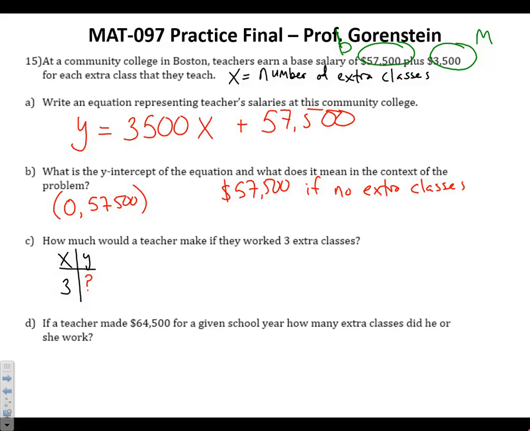Now we have an equation from part A. We could take 3 and plug it in for x. So y is equal to 3,500 times 3 plus 57,500. And if we pop that into the calculator, we will get $68,000.